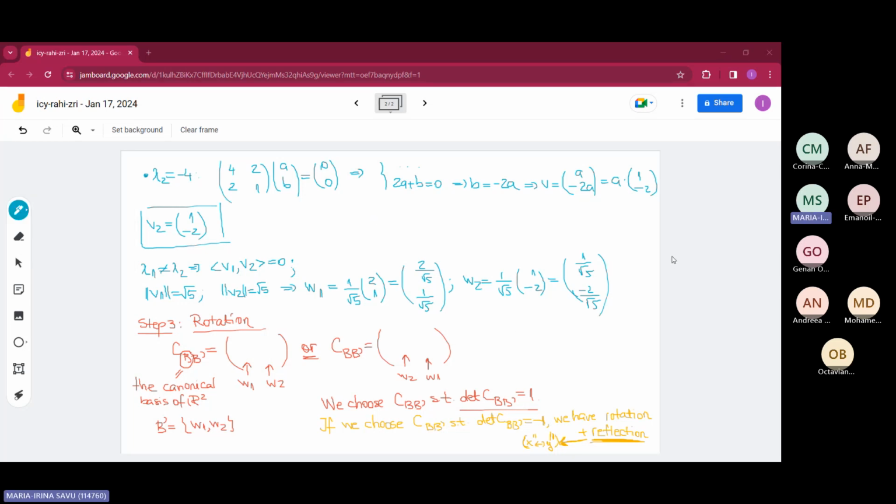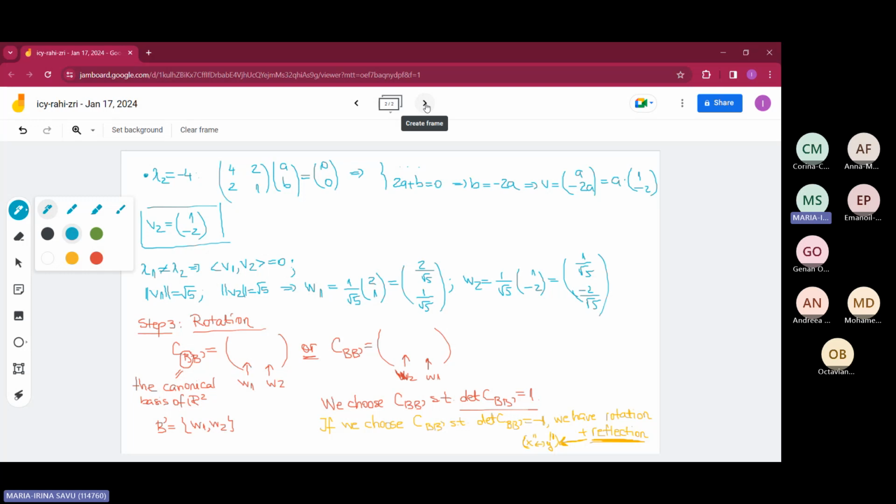Okay, let's see how to write vectors W1, W2 such that you have a matrix with determinant equal to 1. We can choose the other version with W2 and then W1. This is with determinant 1. Let's see.